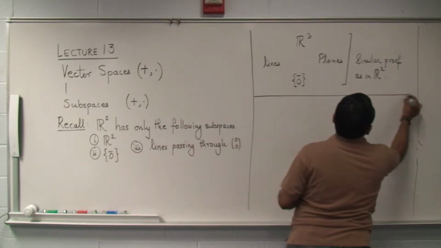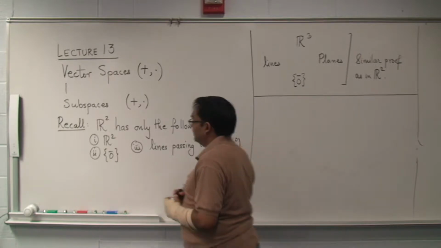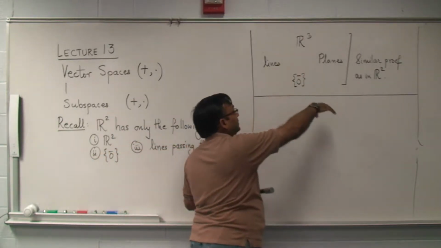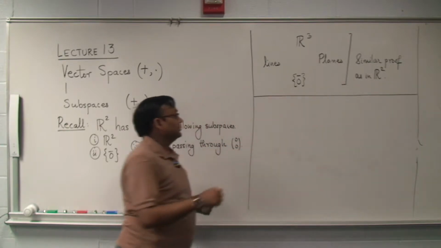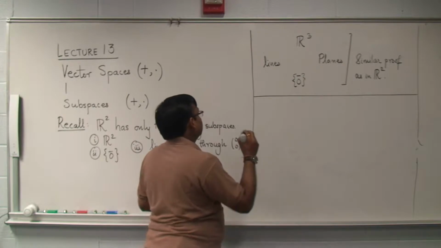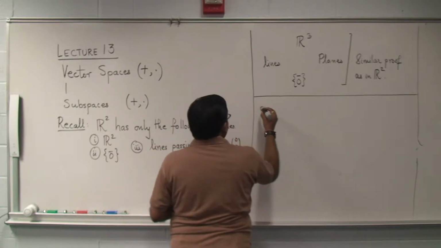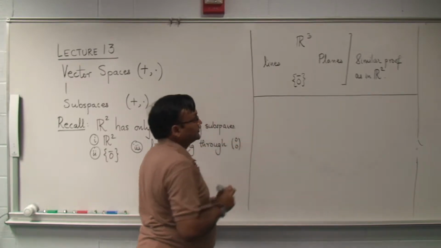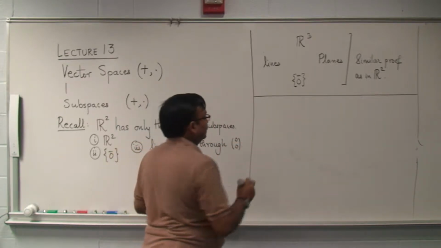In general we can say that in Rn we will have these kinds of subspaces: the zero subspace, Rn, lines, planes, hyperplanes and so on. So we are going to try to learn a little more about subspaces before we go on to very special kinds of subspaces that we are ultimately interested in.